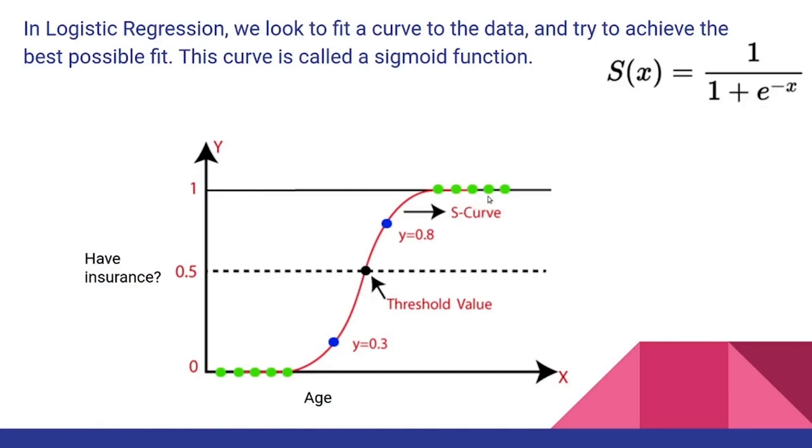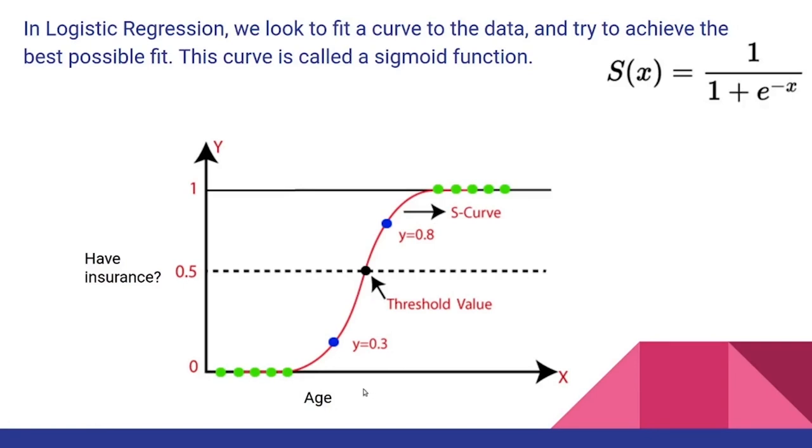We want to find a curve that fits this data for new data points in our data set. Here clearly we can see that for the age of 19, the probability of having health insurance is very close to 0, or basically 0. And for an age of here 51, it is equal to 1.